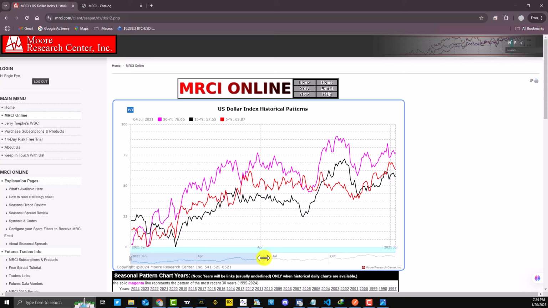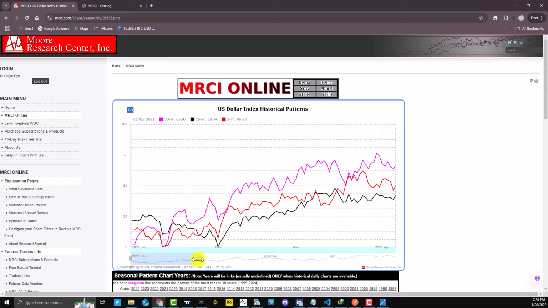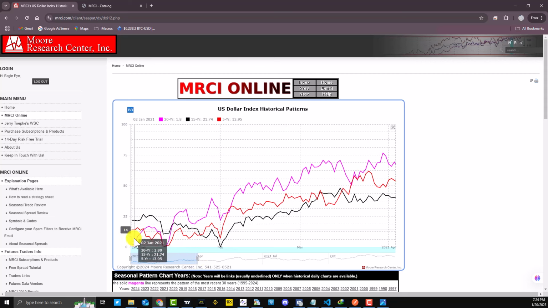So let's say last year 2024, in the month of January, the dollar index was bullish, or the dollar index was bearish. So let's assume the dollar index was bullish in the month of January in the previous year.